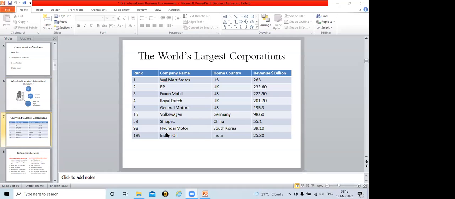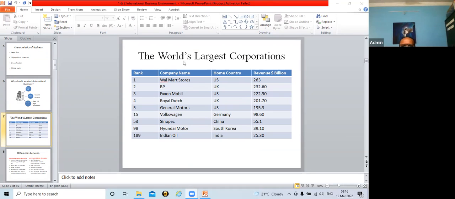Now, just observe this list. This is the world's largest corporations. So here I have listed a few companies on the basis of their business and the country they belong to. Now here you will observe that at number one position there is Walmart Stores. Basically the original country is United States of America and their business is $263 billion revenue. $263 billion business they have achieved, Walmart.